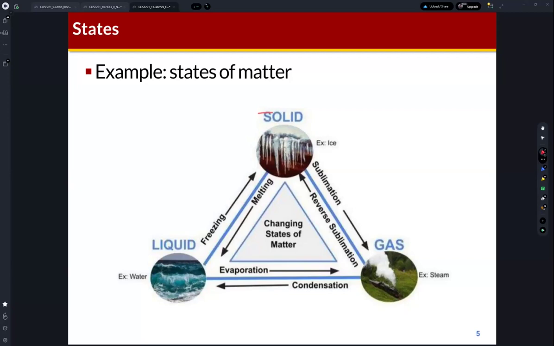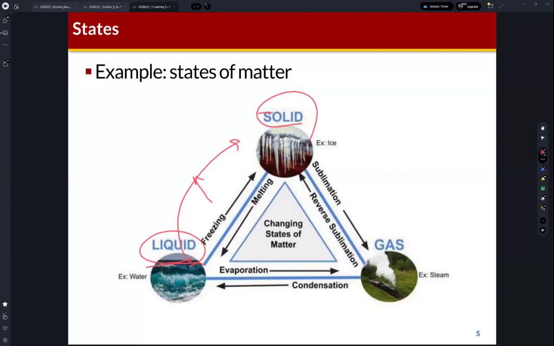For example, this is the liquid state. If the heat energy is removed from this liquid state, then it goes to the solid state.